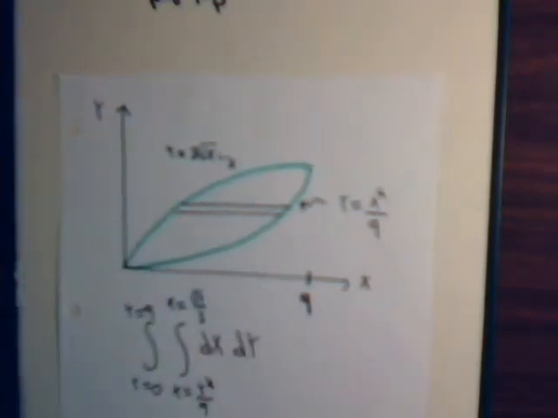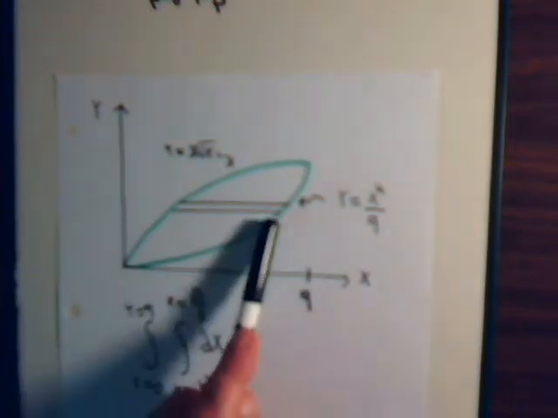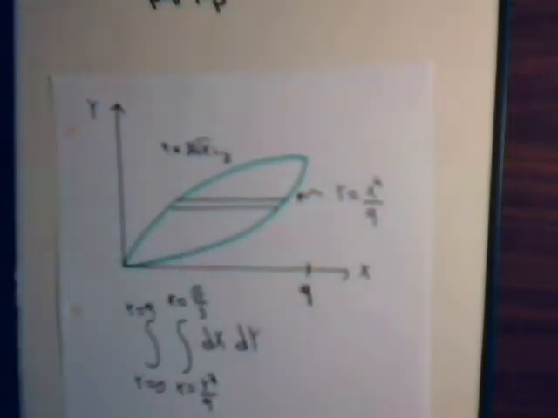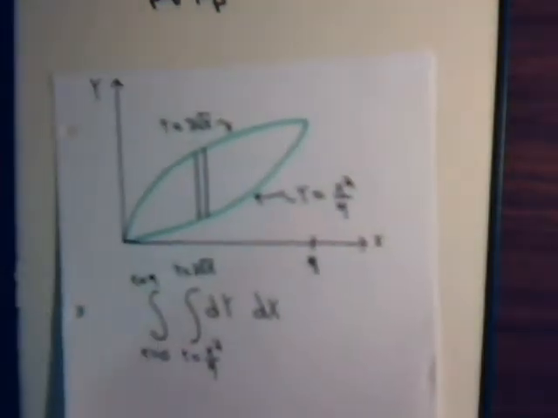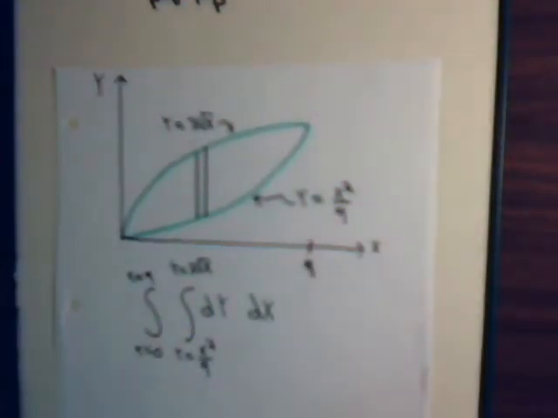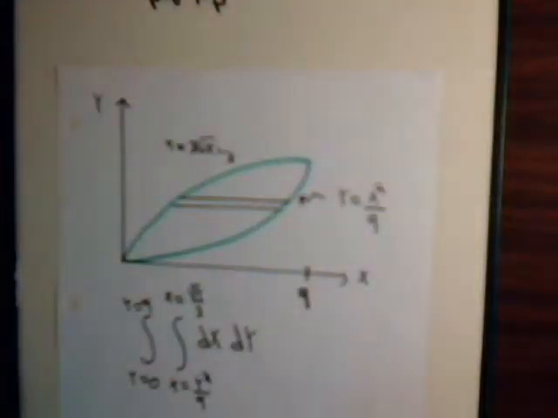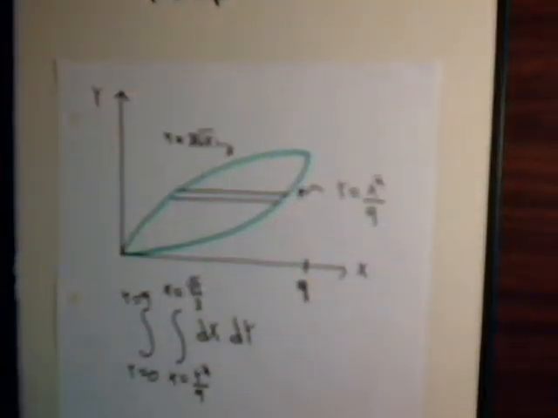We could do it one of two ways. We could do it by summing with horizontal strips, or by summing with vertical strips. If we do it with horizontal strips, we have to write it as dx dy.